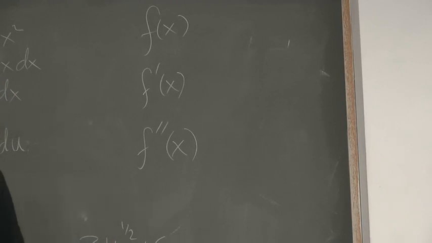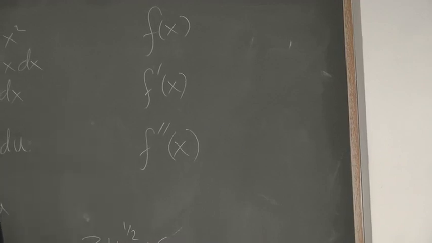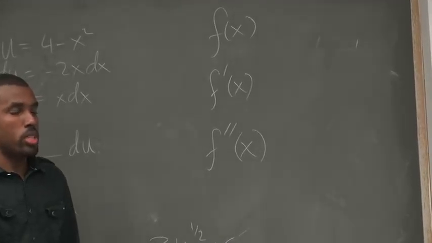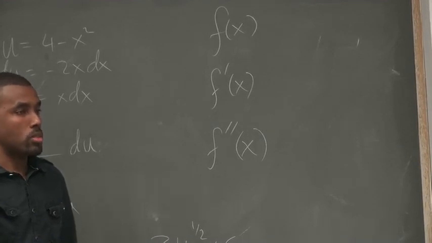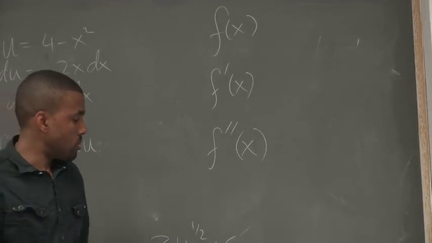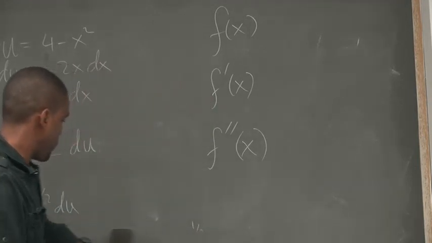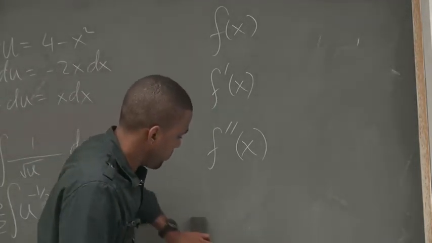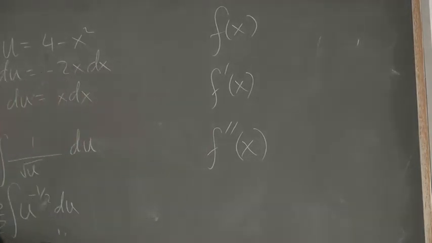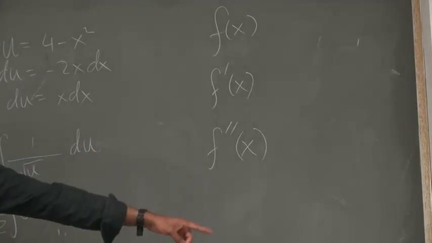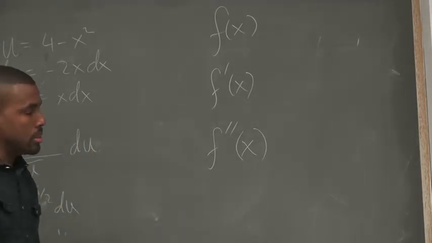How do I know if it changes from concave up to concave down? If the second derivative is negative and then becomes positive, or positive and then becomes negative. 0 or undefined, technically, because undefined would deal with cases where you have sharp corners and things like that.